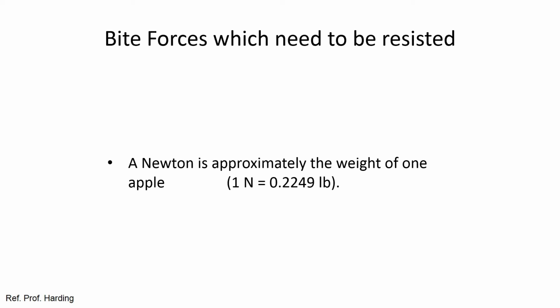So if we are looking at something like a 2000 newton bite, then we're looking at something like over 400 pounds of compressive force on our implants, and all of this is being resisted by components which are less than 2 millimeters in diameter, such as the post screw or in fact the hex.